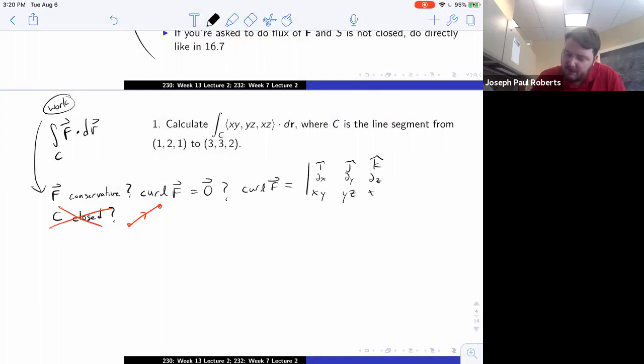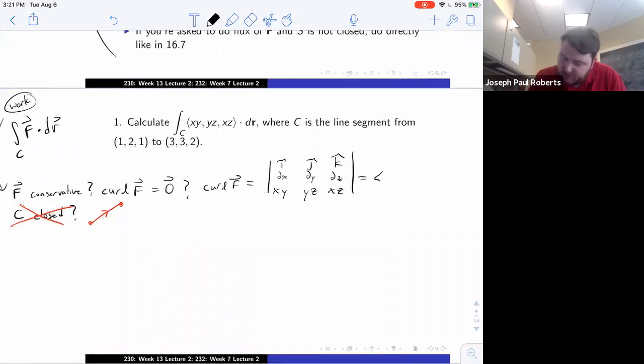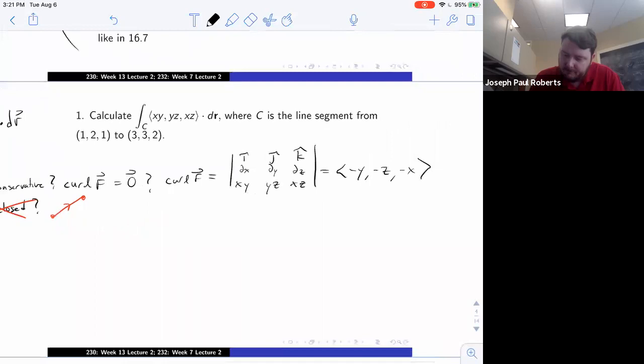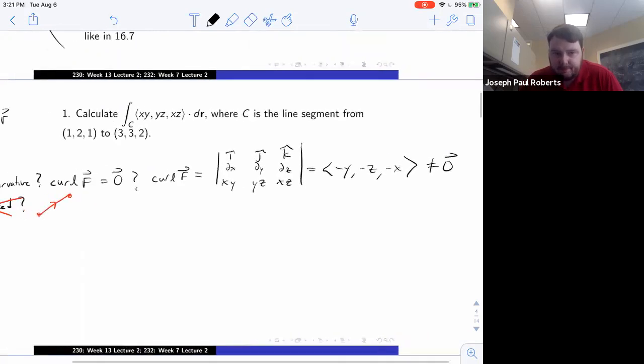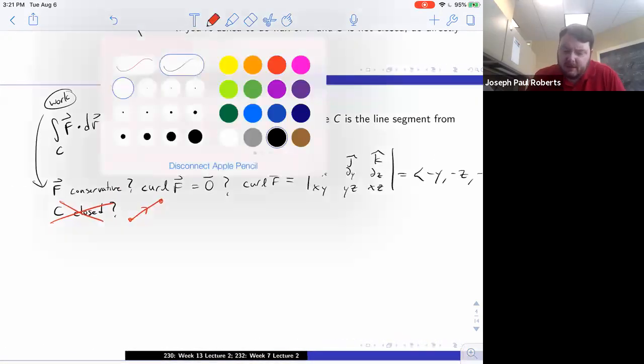You organize them using our determinant shortcut. So it looks like no, this is not going to be conservative, because that's what I get for the curl, and that is not equal to the zero vector. So F is not conservative.